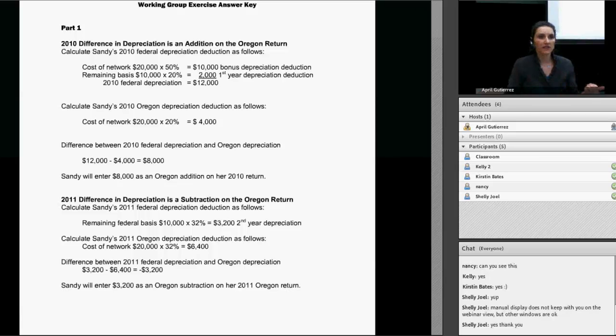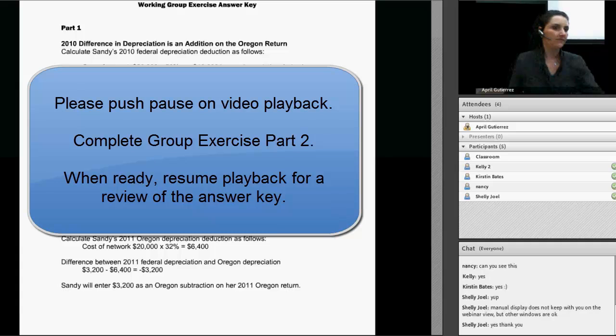And then we're going to add 2010 depreciation to 2011 depreciation, get the sales price, and figure what our net gain or loss is on the sale for federal and what the subtraction will be for Oregon. So just take about 5 minutes to figure your way through that, and then I'll put up the final answer key.